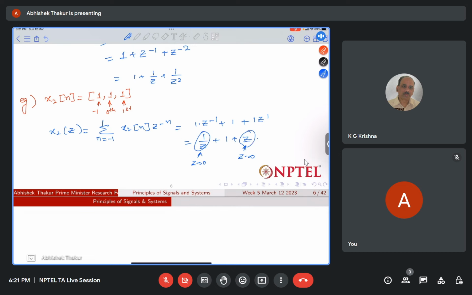So for a two-sided finite duration signal, the ROC is the entire z plane except z equal to 0 and z equal to infinity, which are not included in the ROC of this problem. So the ROC is the entire z plane excluding 0 and infinity.